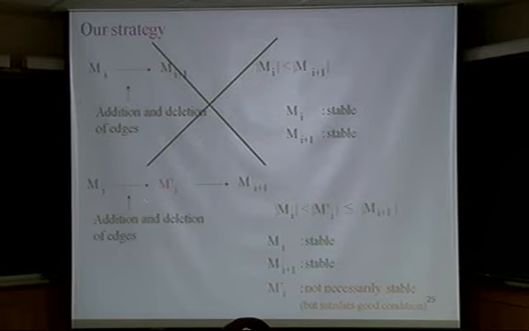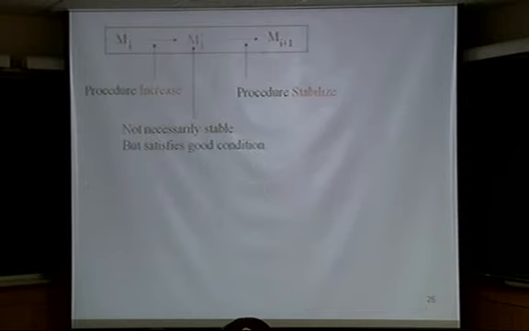And if Mi prime satisfies this good condition, then we can make it stable without decreasing the size. So we apply these 2 procedures, increase and stabilize, repeatedly to get larger and larger stable matchings.